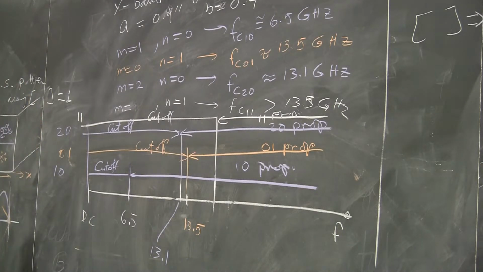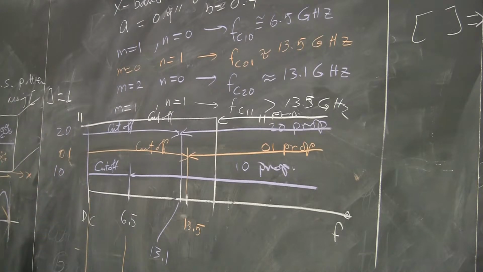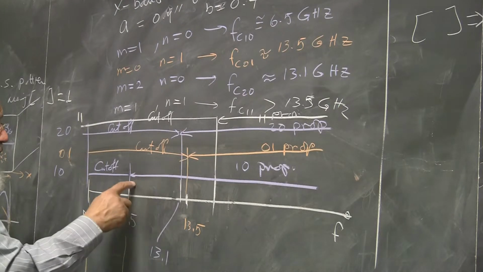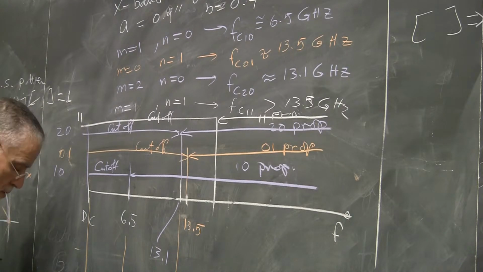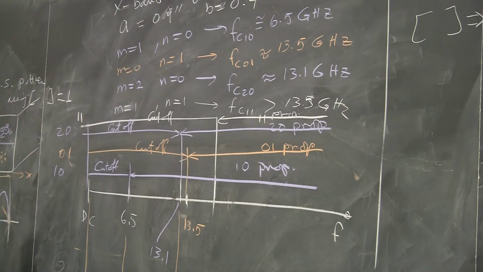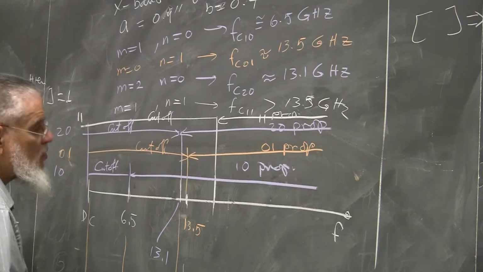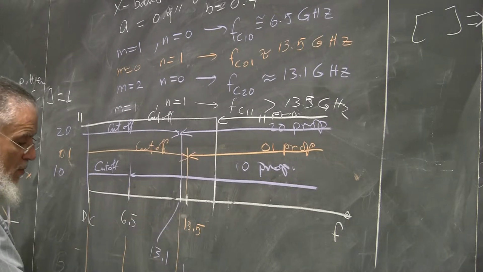You look at a diagram like this, and you can tell what's happening as you increase your frequency. What's happening here now is nothing can propagate here, pure cutoff. And now you start to see the 1,0 mode up to here. Over this short duration you have the 1,0 and the 2,0.